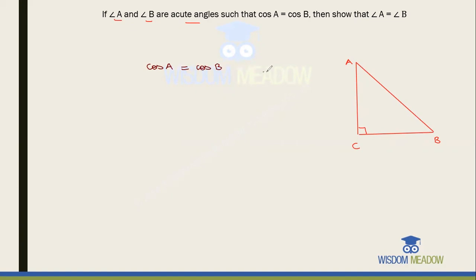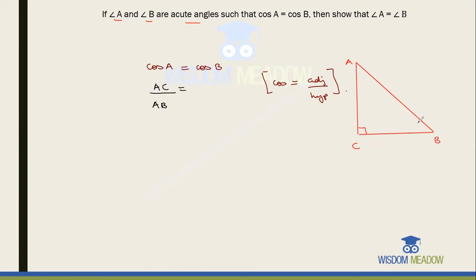We know that the formula of cos is adjacent over hypotenuse. So for cos A, if you consider the acute angle A, the adjacent of angle A is the arm apart from the hypotenuse, so that's going to be AC, and the hypotenuse is the one opposite to 90 degree, that's AB.